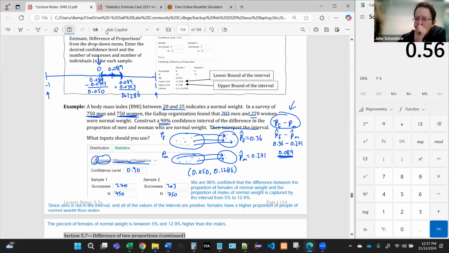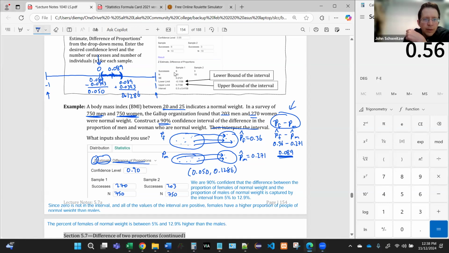Where did those decimals come from? Which decimals, Lana? You can talk in the microphone if you'd like to. The top, with the margin of error. Oh, I see.